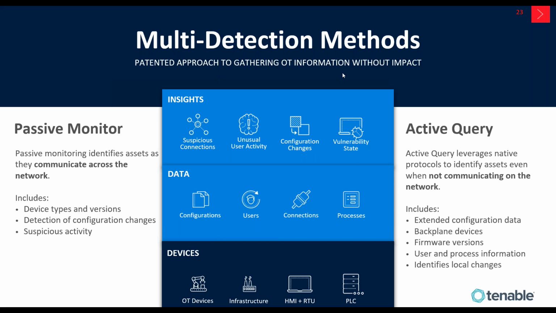In an OT environment, unlike an IT environment, we can have devices that don't talk in the network. They're called dormant devices, and that can be up to 20% of the environment. So we need to be able to do that deep active querying, much like I described on the earlier slide, to actually see what I have in my network and what's happening in my network.